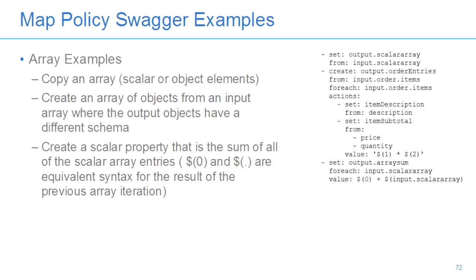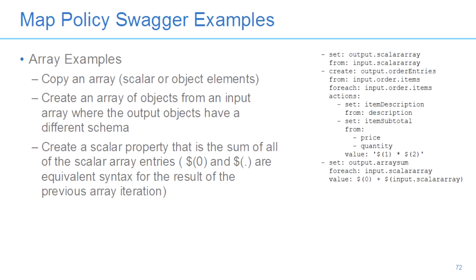You see I'm just going to be calling the actual description something else, so it's just going to map that across. My output does not necessarily have a price and quantity. I just have a complete subtotal. So this is going to be looking at each individual item's price and quantity, just multiplying them together and setting the subtotal of that particular item in the output. And it'll do that for every single input array element, so you'll get the same number of output array elements but with different data and different schemas.